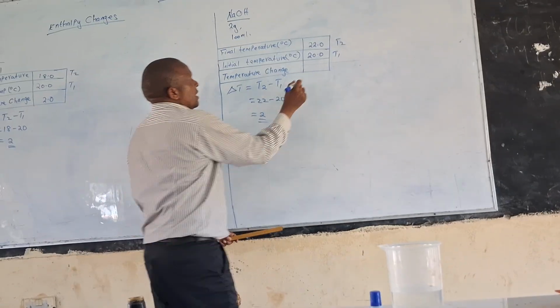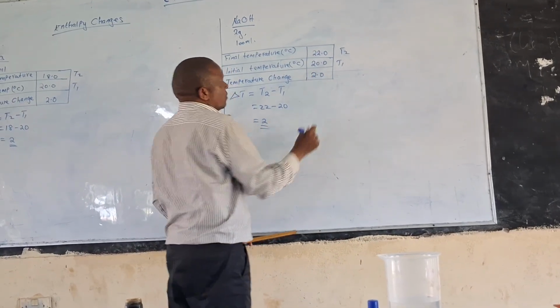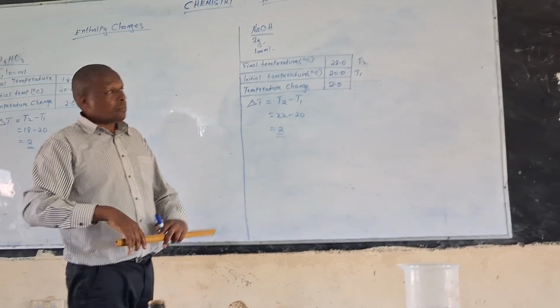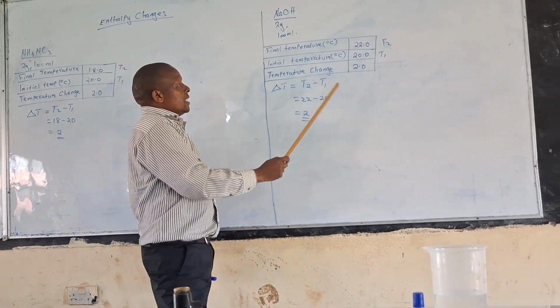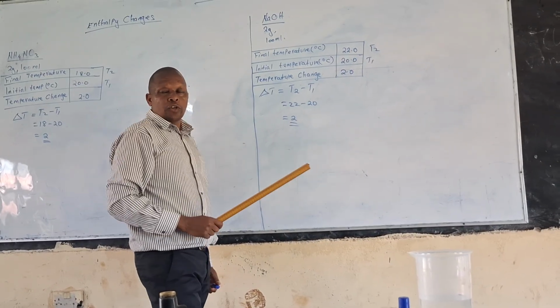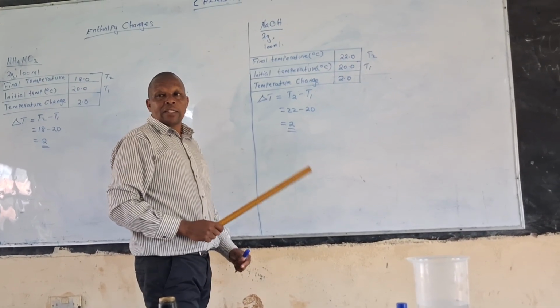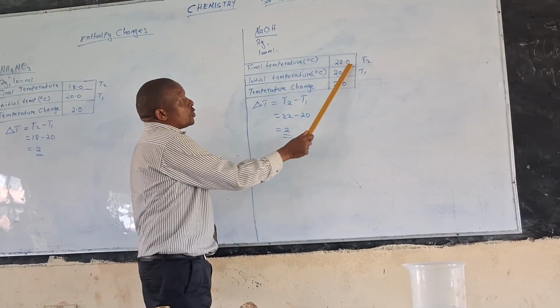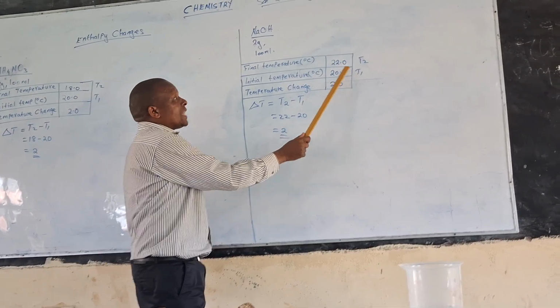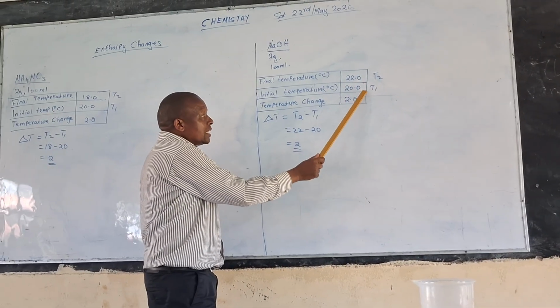So what do you write here? 2.0. Again, like other tables that you have been filling, the decimal mark is always there. For my students like you, I encourage you to put it to one decimal place, and that decimal place should be 0.